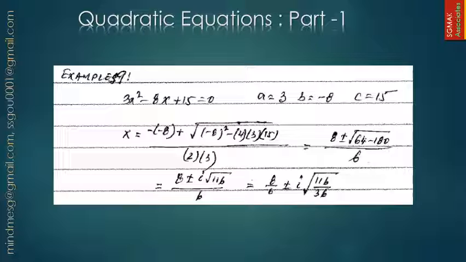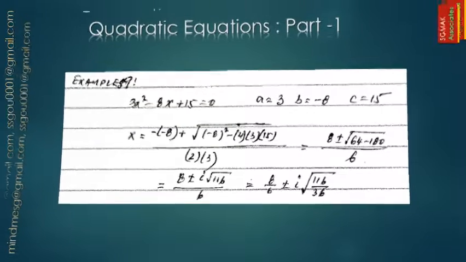In this case, the discriminant will be negative. Square root of 64 minus 180, that's a negative number under the square root. So the discriminant is negative. So we get imaginary roots. Roots are 8 over 6 plus minus i square root of 116 divided by 6.